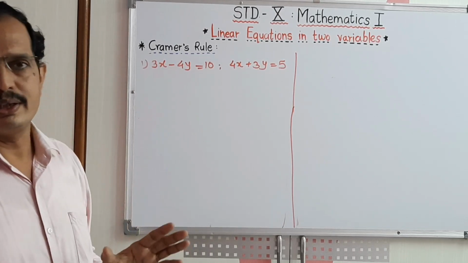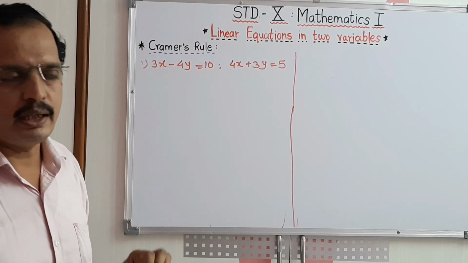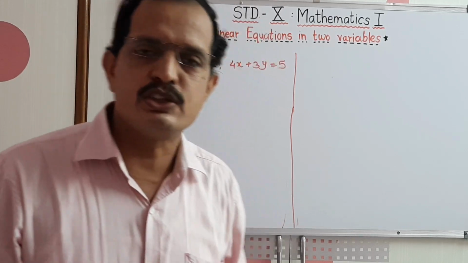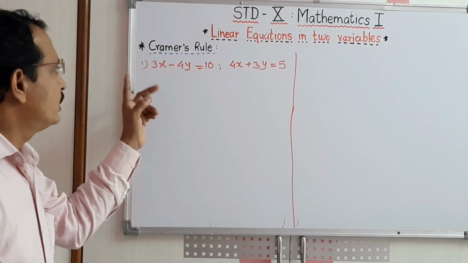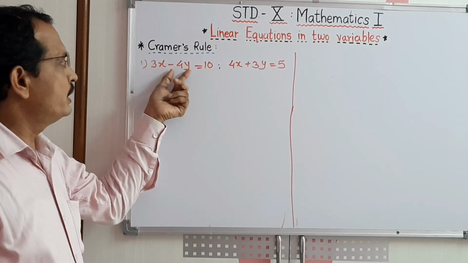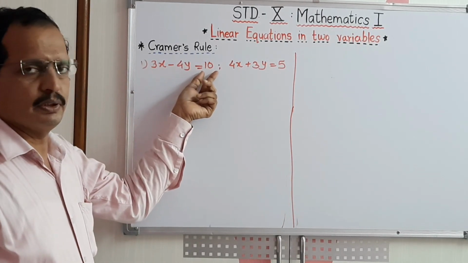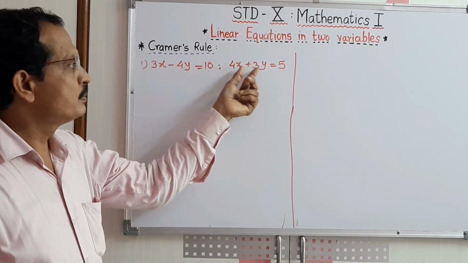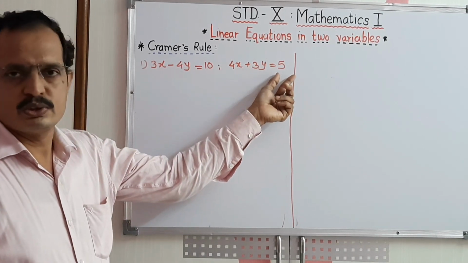Just now I told you that we have to write it in a1x plus b1y is equal to c1 form. Dear student, it is already given. It is a1x, it is b1y and it is c1. Here a2x plus b2y is equal to c2.